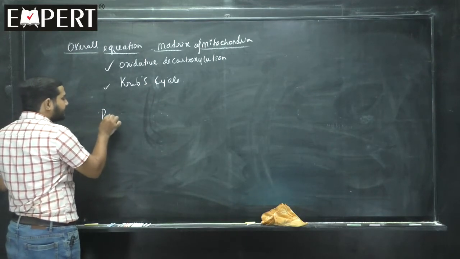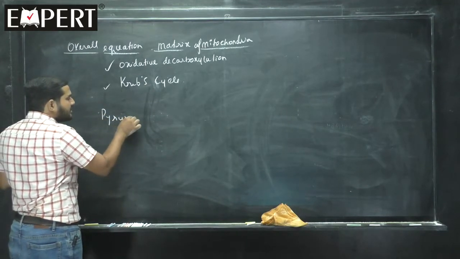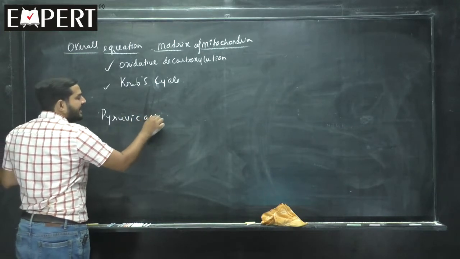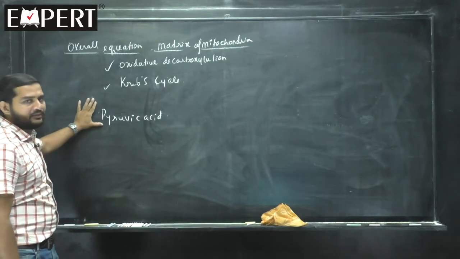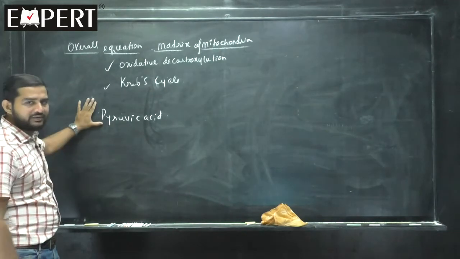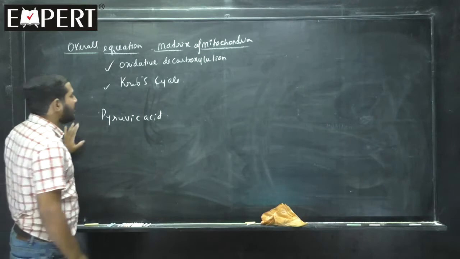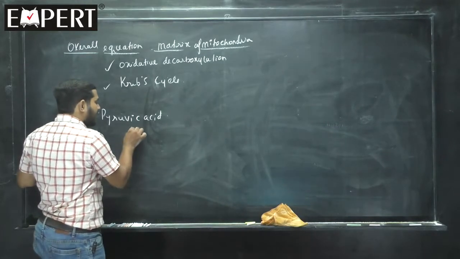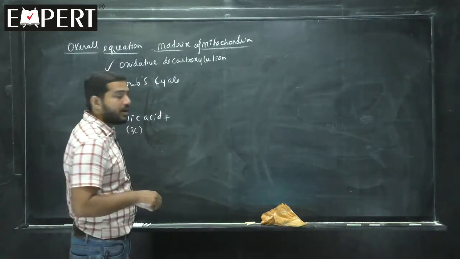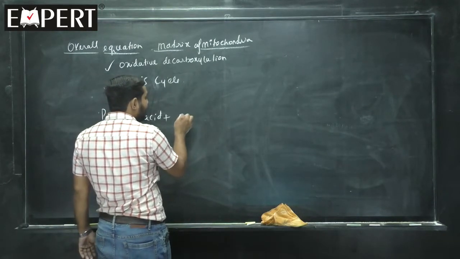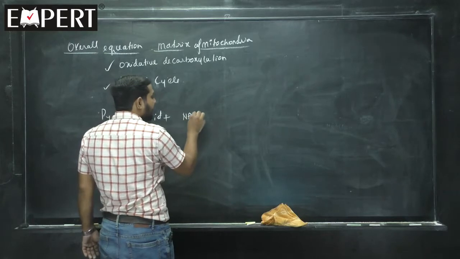Pyruvic acid. I am taking it for 1 pyruvic acid, and we can take it for 2 pyruvic acid because 1 glucose forms 2 pyruvic acid. Let me write for 1 pyruvic acid now. 1 pyruvic acid having 3 carbon, right, plus what? Plus I am writing NAD plus.